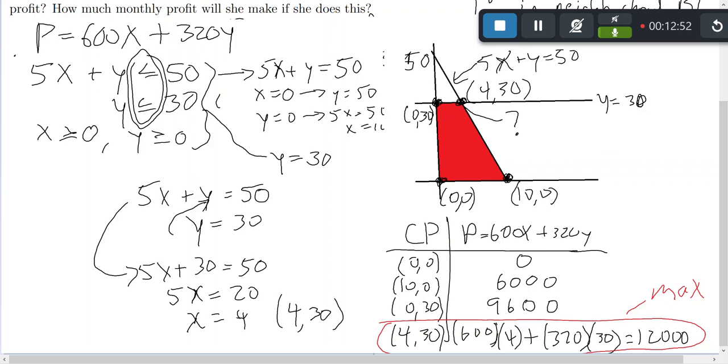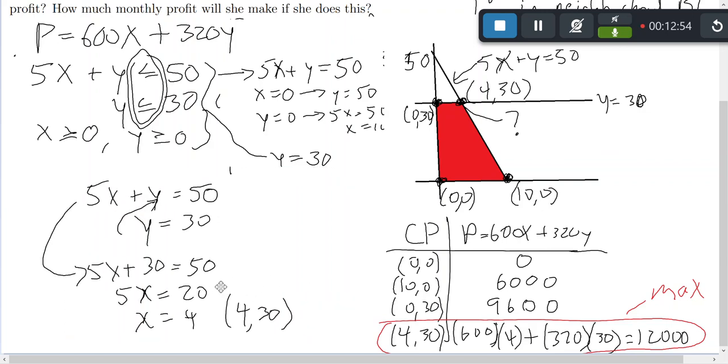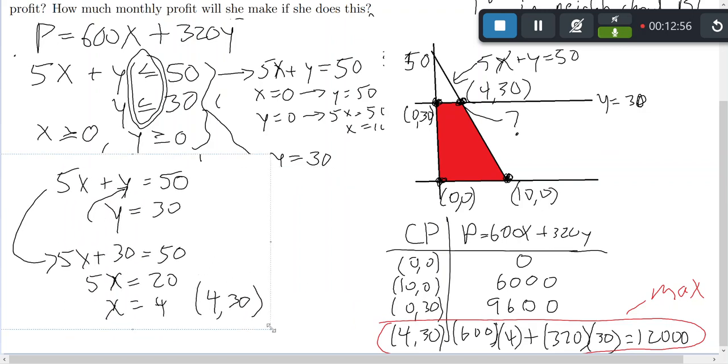I'm going to scoot this over here and insert some interpretation.